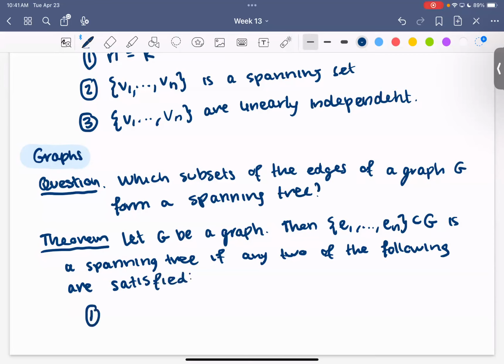The first one is a numerical condition on the number of edges that I took: the number of edges has to be equal to the number of vertices of G minus 1.